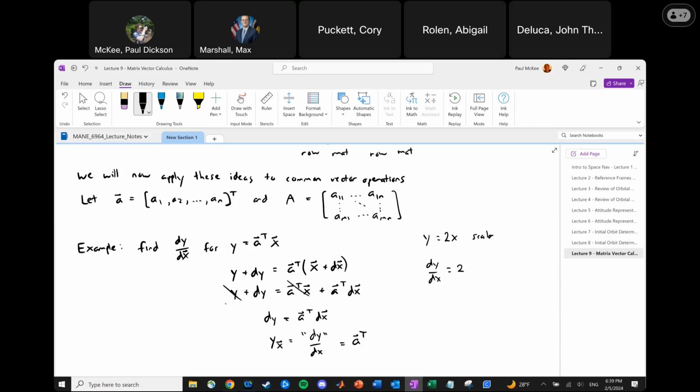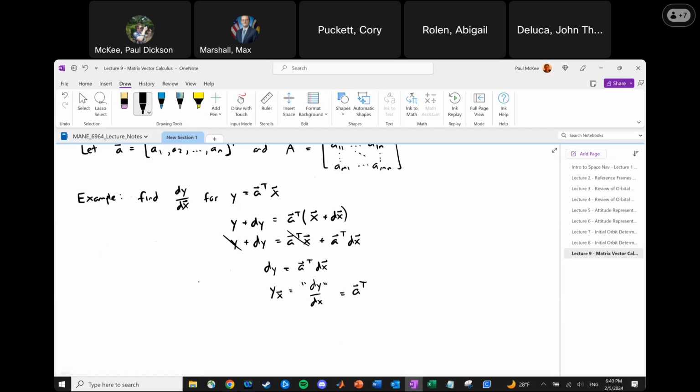If y is equal to a vector transpose times the vector x, then the derivative looks like we're just kind of dropping the x term. So that's the first sign that something kind of normal is happening here. Let's get some more examples going, and this is going to start to get easier and easier. We're already past the hump. The hardest stuff is behind us.